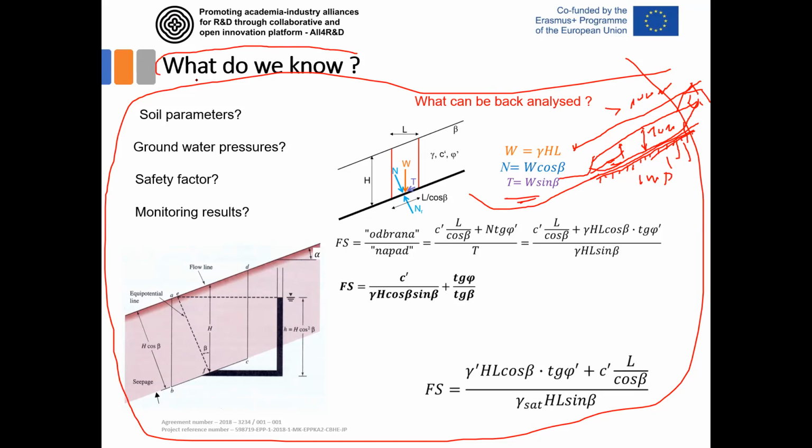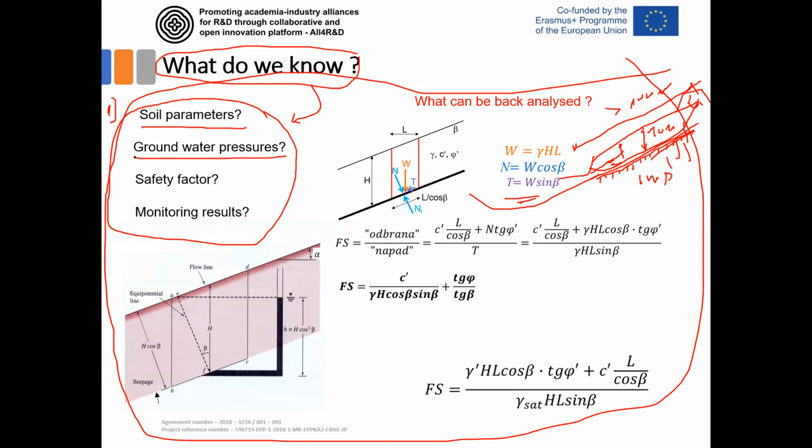It's very important to know what we sometimes know and sometimes don't know about the landslide. And that is these four aspects. First, it's soil parameters. For any numerical analysis, for any calculations, we always need the parameters of this material prone to sliding. What we still need to know is the groundwater pressure.